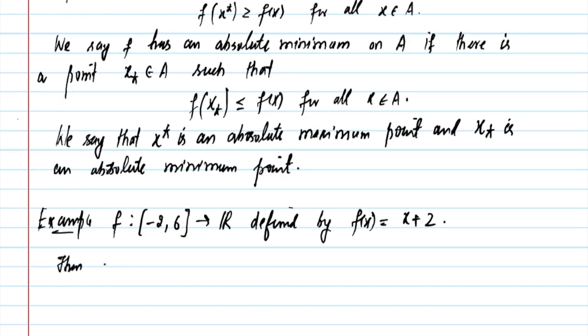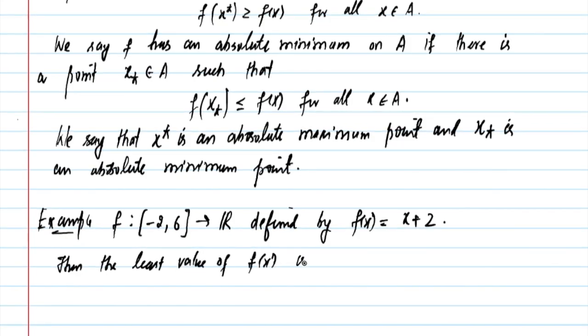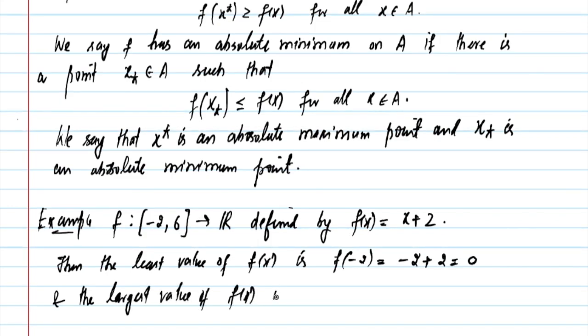Then the smallest value of f of x is f of -2, which is equal to -2 plus 2 is equal to 0, and the largest value is obtained as f of 6, which is equal to 6 plus 2 is equal to 8.